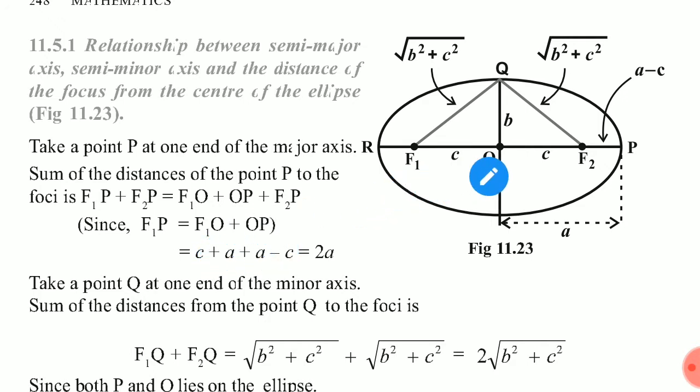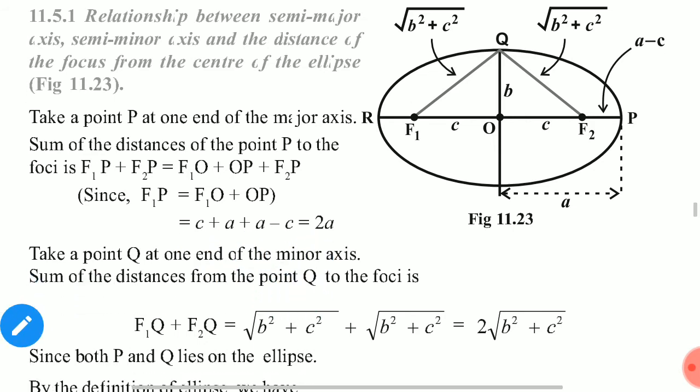You know that F1O is equal to c and OP is equal to the semi-major axis, OP equals a, and F2P you have calculated as a minus c. So put all the values here and you get 2a. So the sum of the distances of point P from both foci is always equal to 2a. And what is 2a? 2a is the length of the major axis. So the sum of the distances from the two foci is always equal to the length of the major axis. You have to remember this.